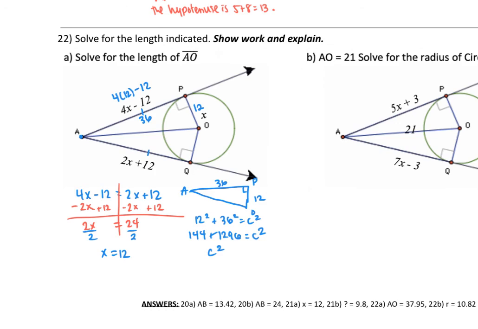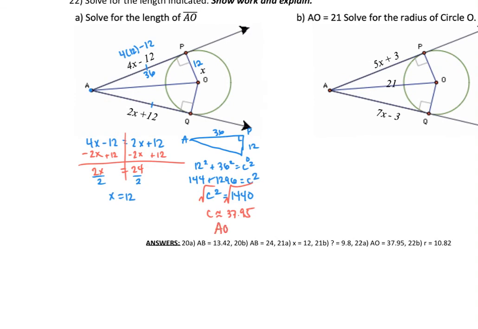Then we add, so 1440, and then square root both sides. So it's approximately 37.95. So AO is approximately 37.95.